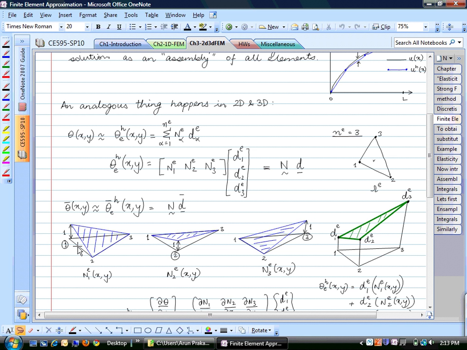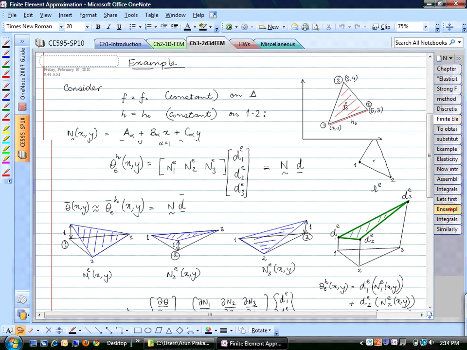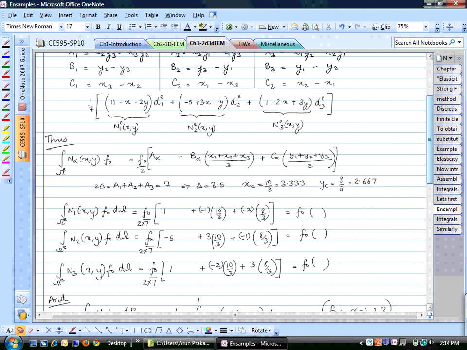If we try to integrate n over the domain of the triangle, what should we get? That would be the volume under the shape function of this node. So that should be 1/3. This should be 1/3. This should be 1/3. You sum them up, you get the total volume under a constant area times 1, right? So what we have in this case, and maybe you should verify that. Does anybody have a calculator here?